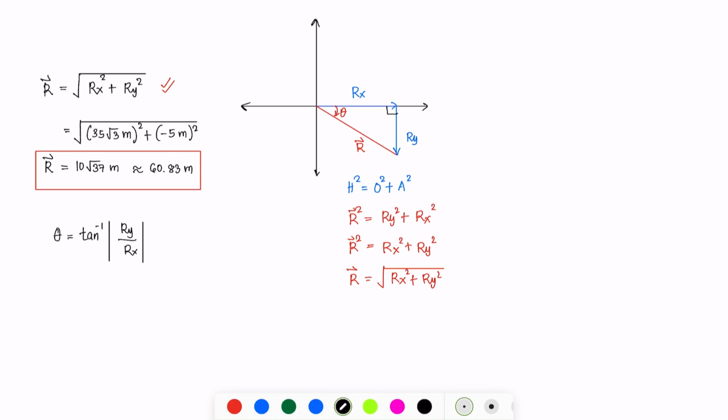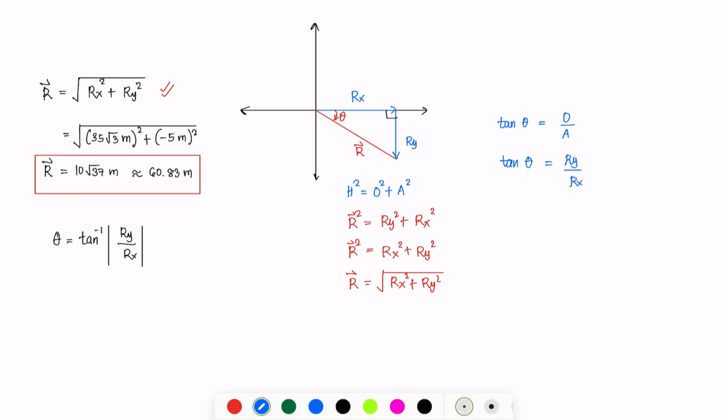If you're looking at your geometry over here, when you're trying to solve for the tangent of theta, it's TOA, right? That's opposite over adjacent. So tangent of theta: the opposite side is ry, and the adjacent side is this portion over here, that's rx.